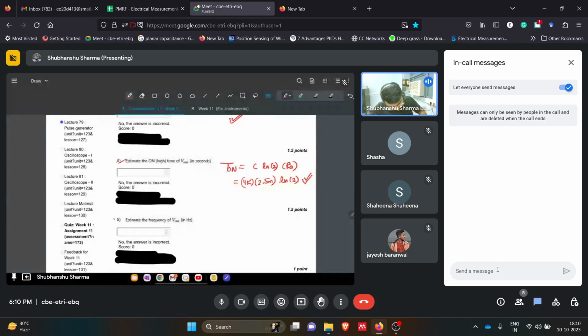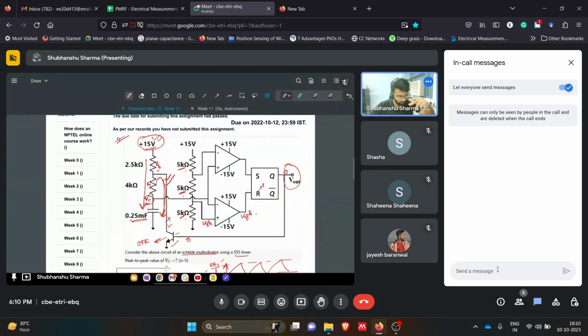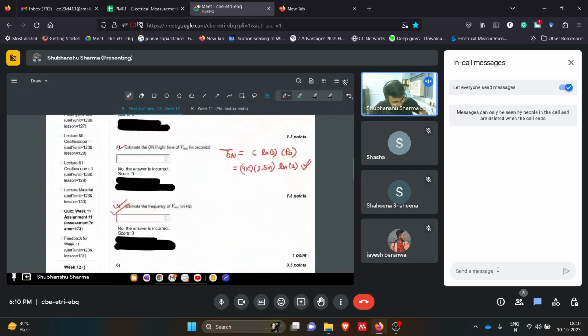Now they're asking for the frequency of V out. Frequency indirectly means the time period of that output signal, and you know how the output signal will look. It will look like oscillating pulse waves like this.